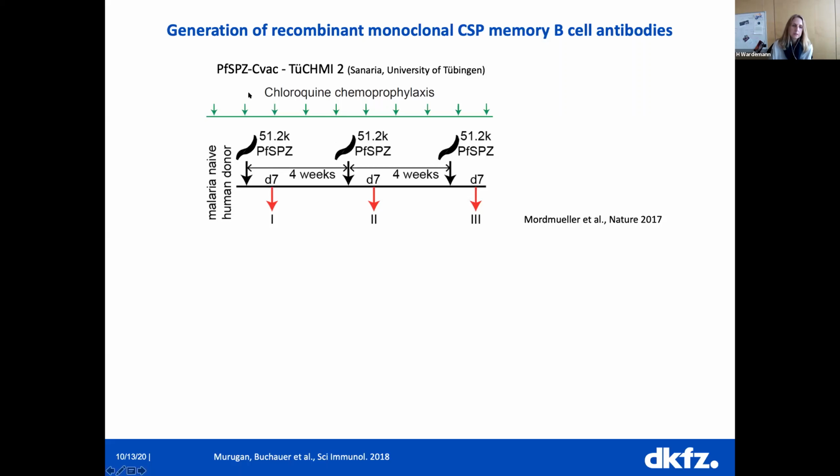And this is possible if at the same time they are undergoing chemoprophylactic treatment, which basically targets the parasite when it ruptures from the hepatocytes, and then the parasite gets killed. So these individuals have parasite development up to the stage where the parasite comes out of the liver, but then the parasite is killed by the drug, and there are no disease symptoms.